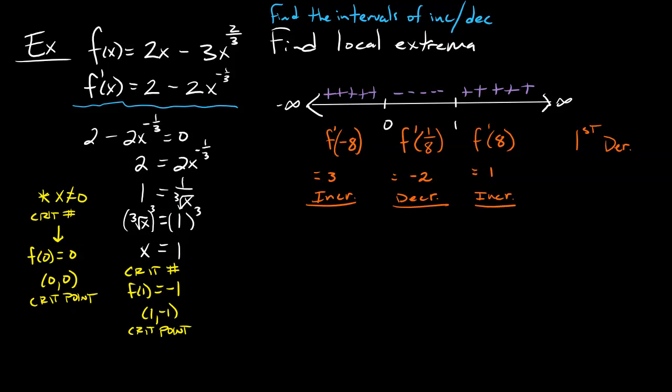So this one alternates, so it looks like both of these critical points are going to be something. At x equals 0, point 0, 0 goes from increasing to decreasing, which would make this increasing, decreasing, a relative max.